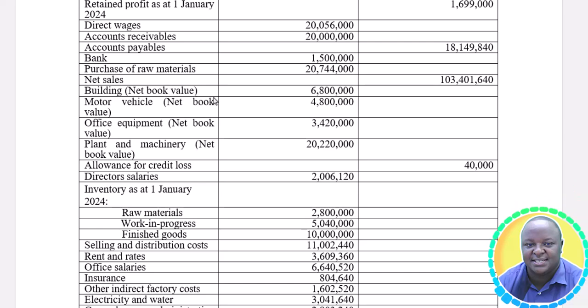Building, the net book value was 6,800,000. Motor vehicle, the net book value was 4.8 million. Office equipment, the net book value was 3,420,000. Plant and machinery, the net book value was 20,220,000.